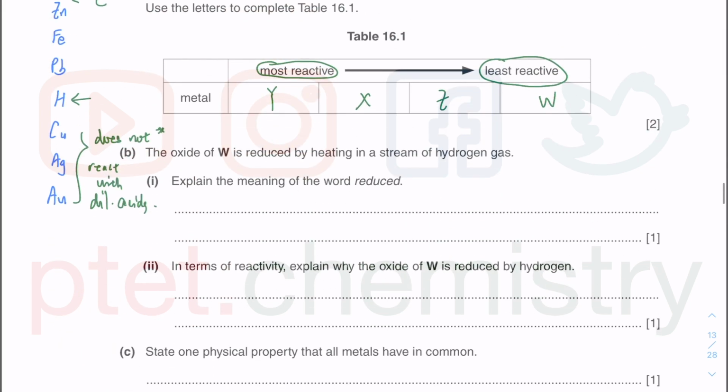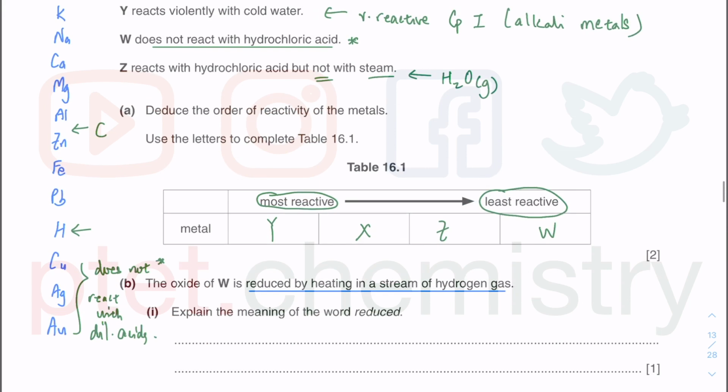Moving on to the next one. So the oxide of W is reduced by heating in a stream of hydrogen gas. So W is the least reactive metal. W does not react with acid, so W is below hydrogen in the reactivity series, because it does not react with H+ at all.